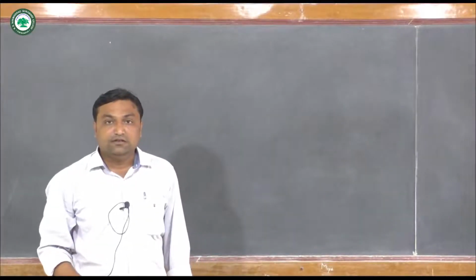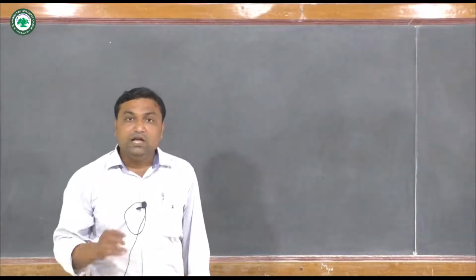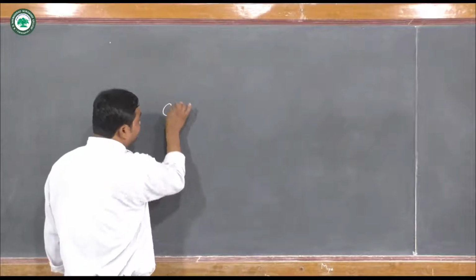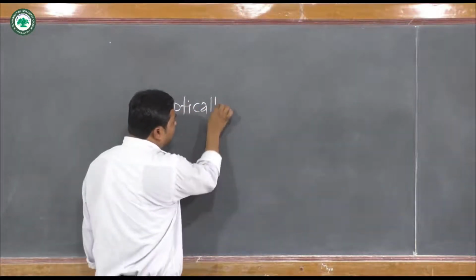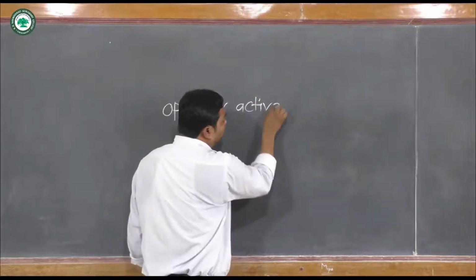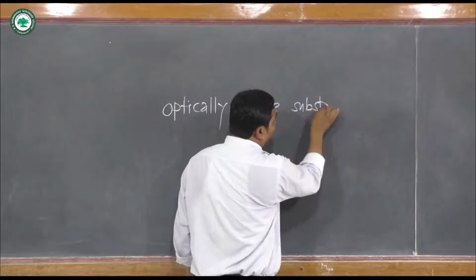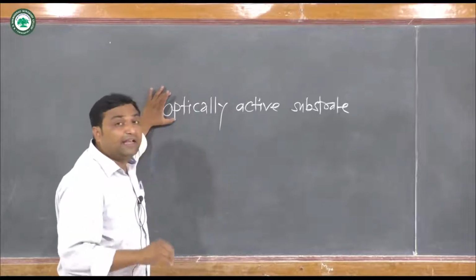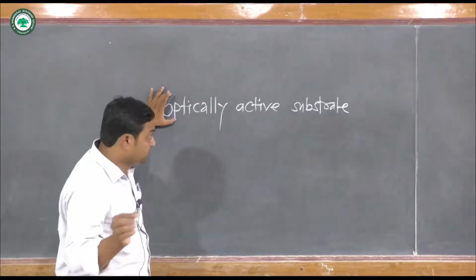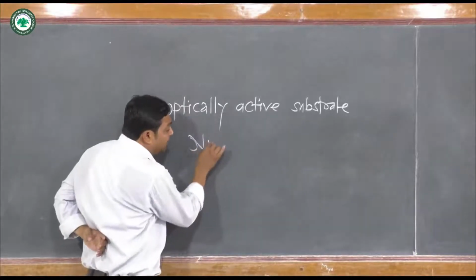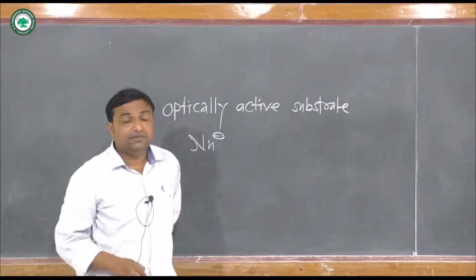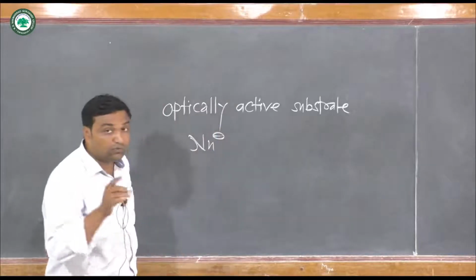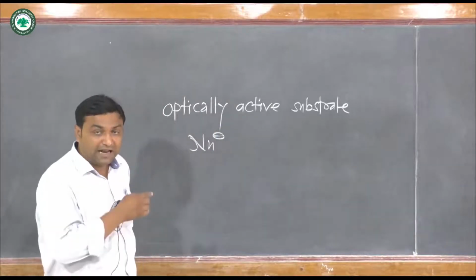In this particular lecture, if we take an optically active substrate and treat it with a nucleophile, we study the racemization of the SN1 reaction, in which we study the stereochemistry of that reaction.